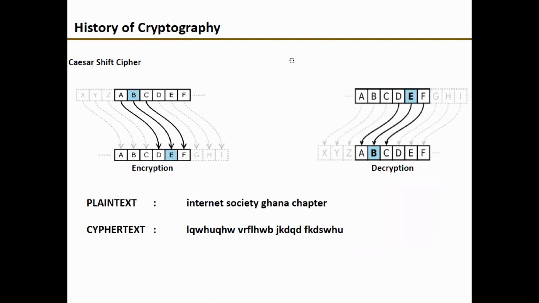So for example, say the message here is A, B, C, D, E, F, and I do a shift of A, B, C, D, E, F by 3 positions. So A is now represented by D, B is now represented by E, C is now represented by F, and likewise.